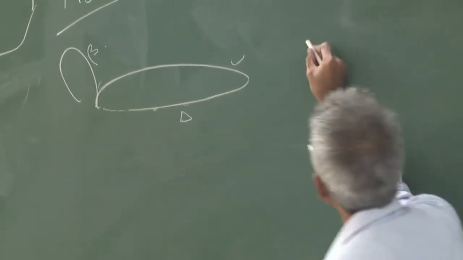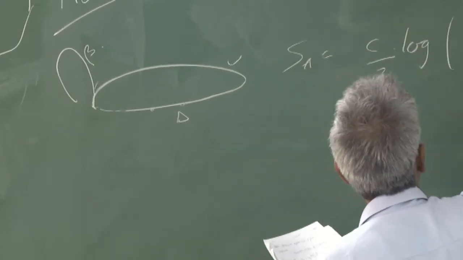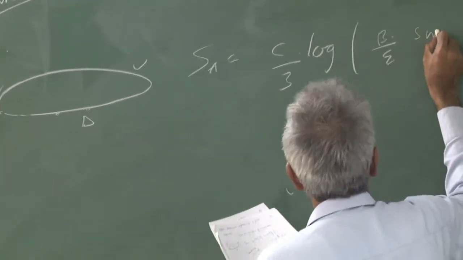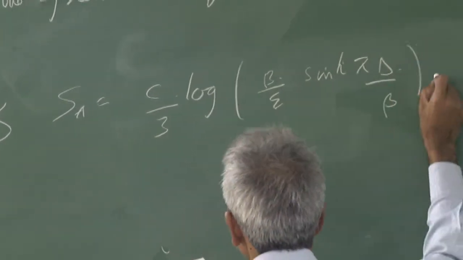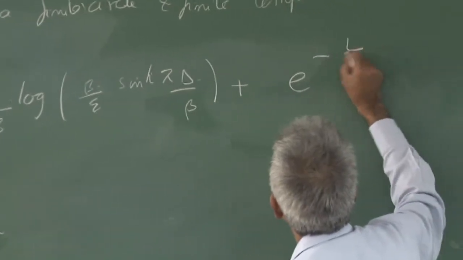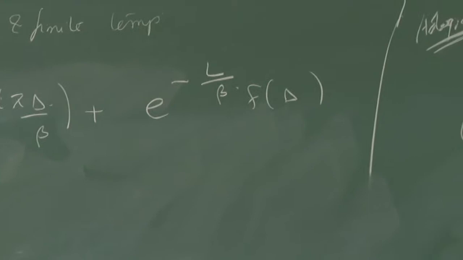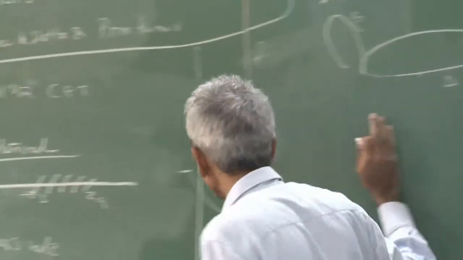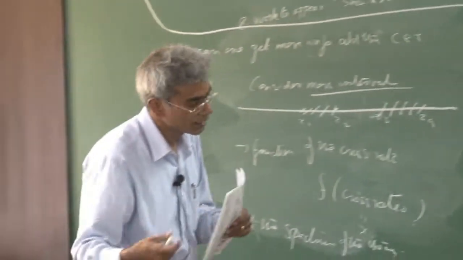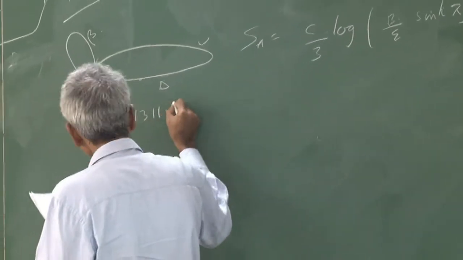Then the entanglement entropy has, of course, the leading formula, which is like the cylinder, plus corrections, finite size corrections. So the systematic set of finite size corrections. And in fact, for free fermion theories, Takayanagi himself initially evaluated this, and we have recently evaluated it for the free boson theory.